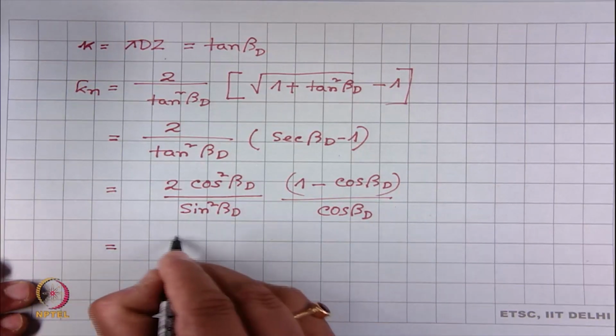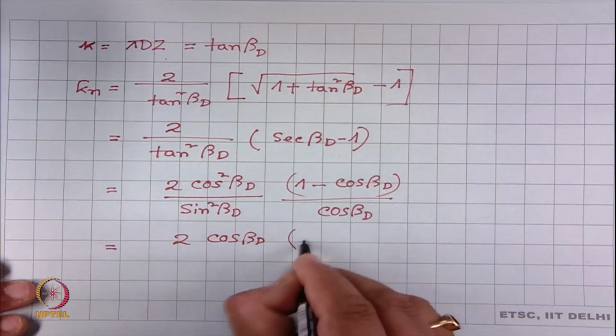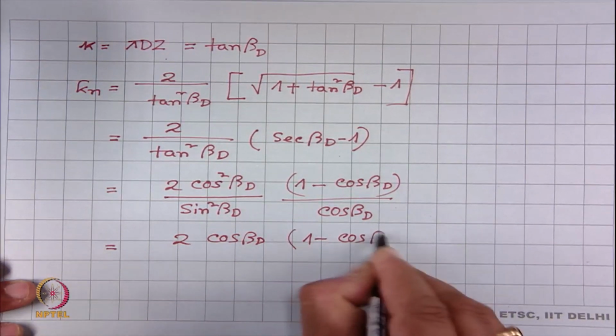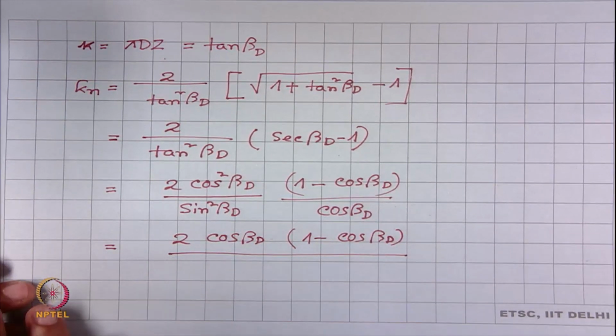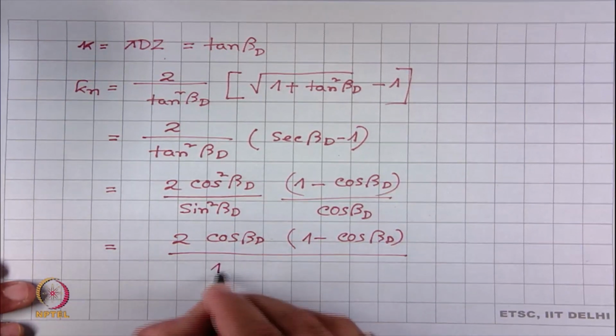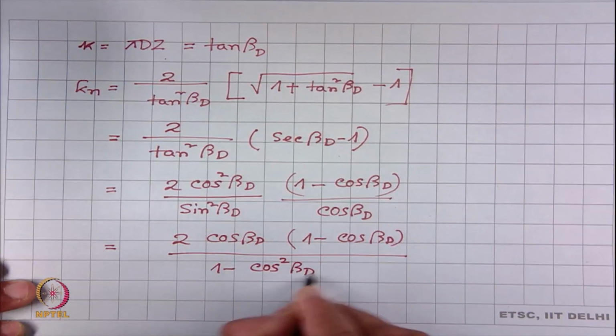Further, 2 cos beta d, 1 minus cos beta d by sin square beta d. Sin square beta d is 1 minus cos square beta d.